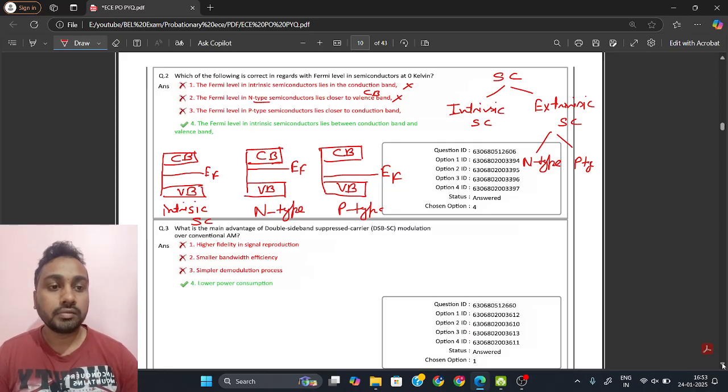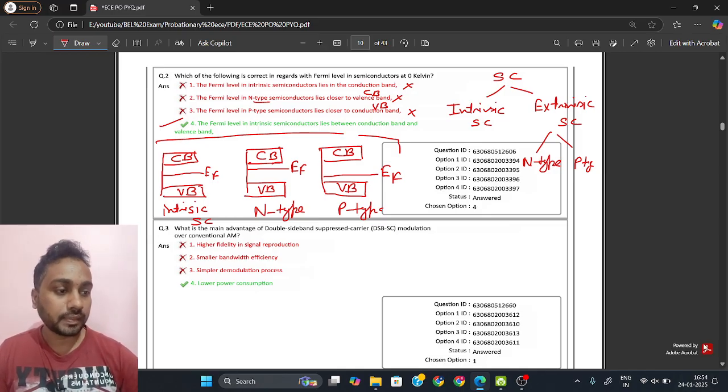The Fermi level of a p-type semiconductor lies closer to the conduction band; this is also wrong, because it is closer to the valence band. And the Fermi level of an intrinsic semiconductor lies between the conduction band and the valence band. So this is right, option D. Apart from this, remember this point, because questions may come from here also.